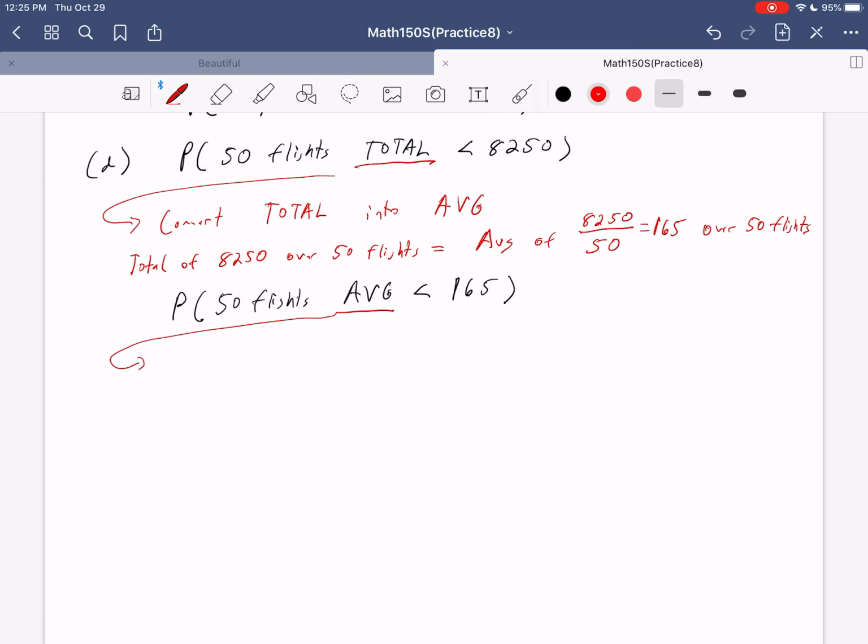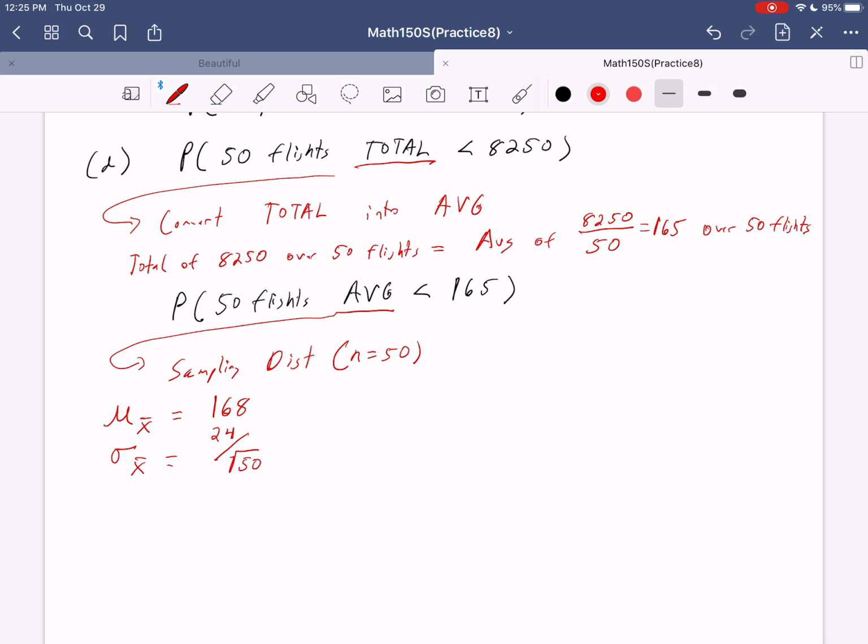So now we know how to approach this. This is going to be the sampling distribution. It's not going to be the same sampling distribution as parts B and C, because now the group size is size 50. So this is going to be the sampling distribution with n equals 50. We know the mean doesn't change, so it's going to remain 168. The standard deviation will change. It's the original standard deviation, or the population standard deviation, 24, divided by the square root of the sample size, which in this case is 50.